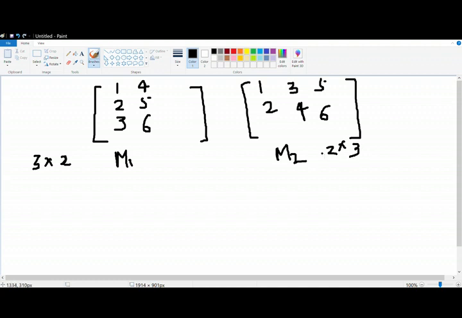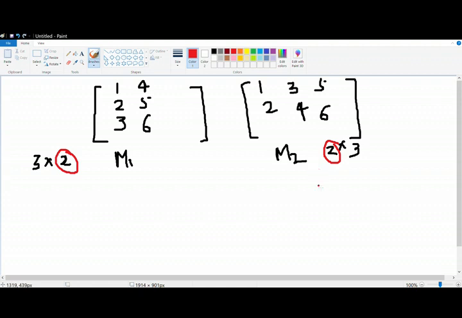There is a certain rule to multiply matrices. We have to check the order, and the number of columns of matrix 1 should be equal to the number of rows of the second matrix. If both are equal, then I am able to multiply these two matrices.